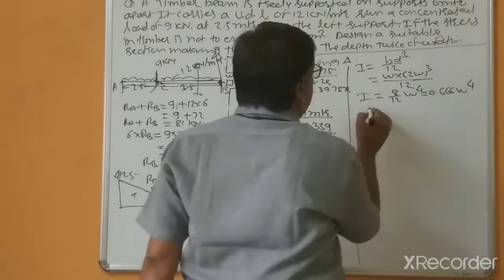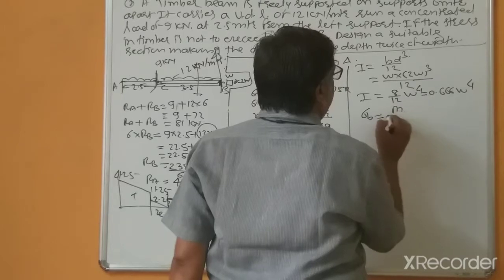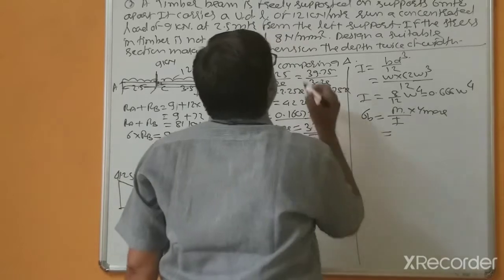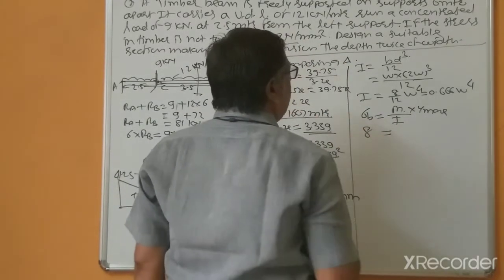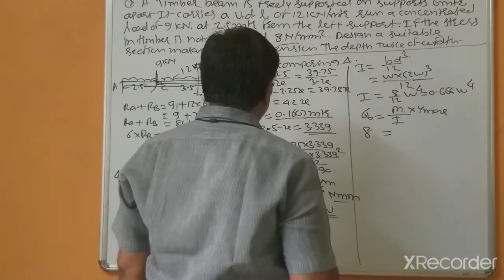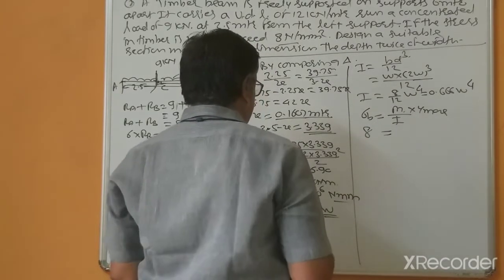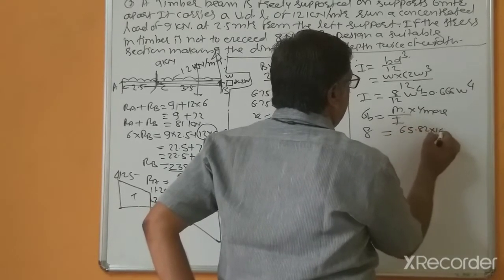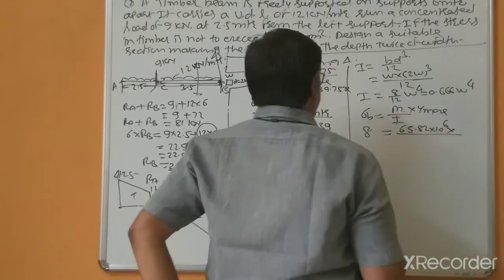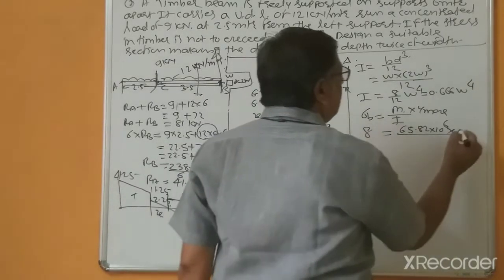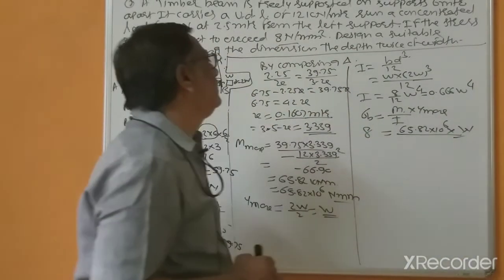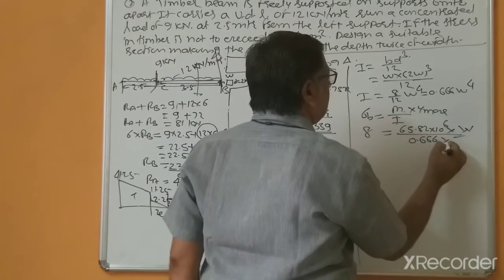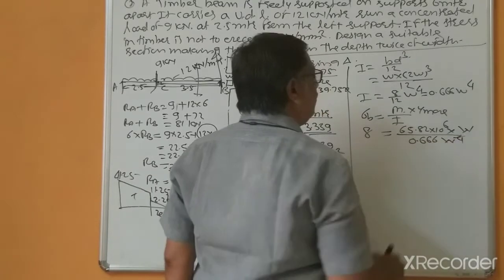Now sigma B equal to M divided by I multiplied by y max, and this sigma B is given, 8. Moment equal to 65.82 into 10 to the power 6, y max W, and this is 0.66 W raised to 4.